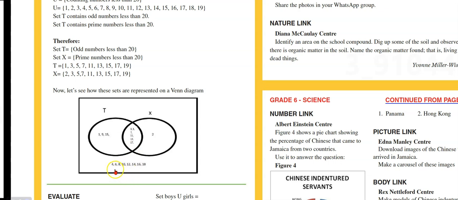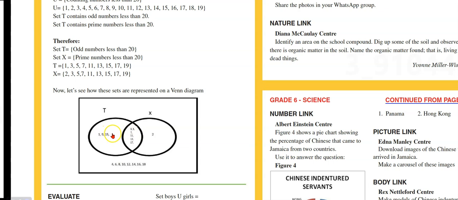19 is not even represented here. So I think 19 should be in T as well. This can't be 9. We need 19. Maybe an error.